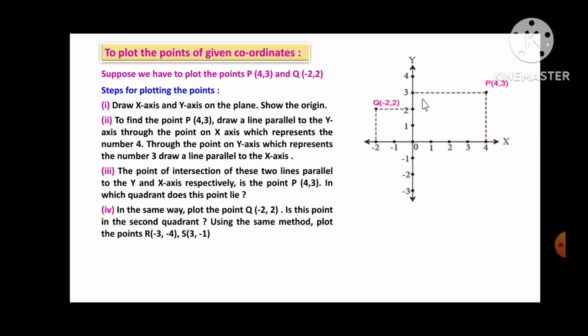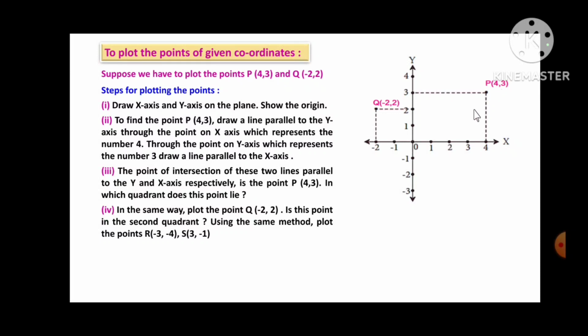So, this 4 and 3 are meeting at a point P. The intersecting point is P. The point of intersection of these two lines, parallel to the y-axis and x-axis respectively, is P (4, 3). In which quadrant does this point lie?